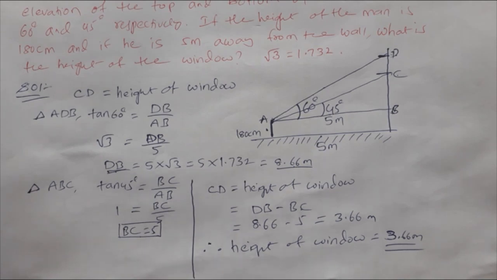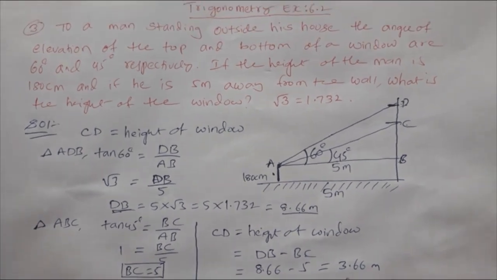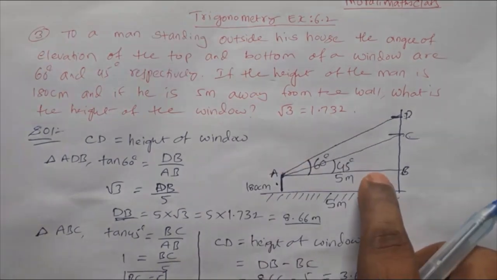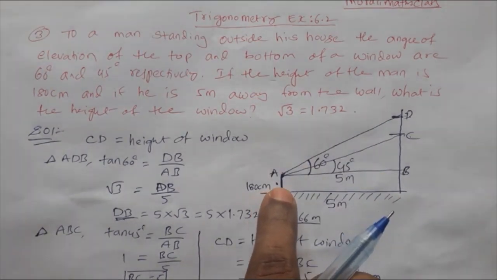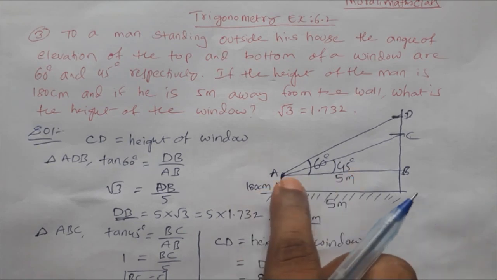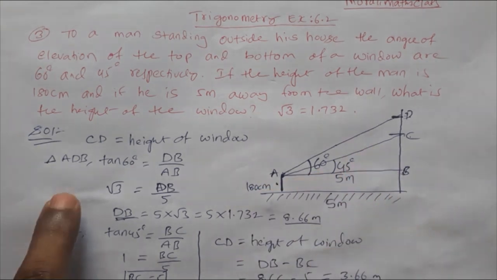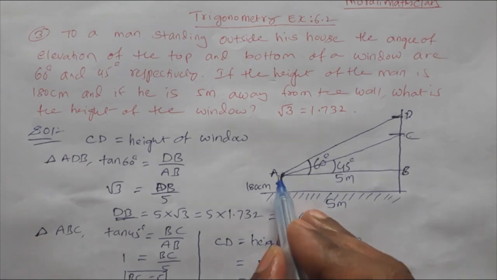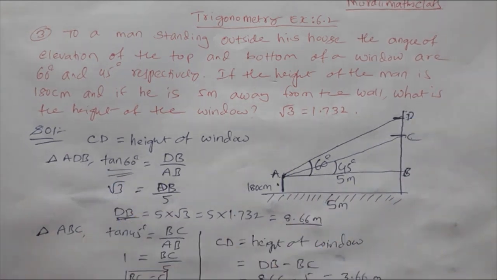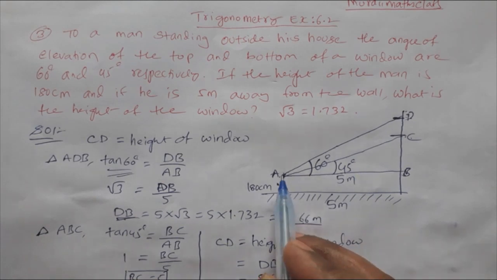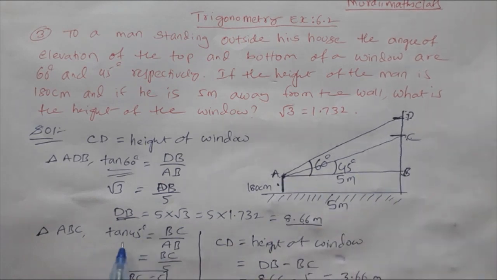That's it. First read the problem and draw the diagram. Here we have to neglect the height of the person and take these two triangles. One is triangle ADB, apply tan 60 for that. Then take triangle ABC, apply tan 45 for that.